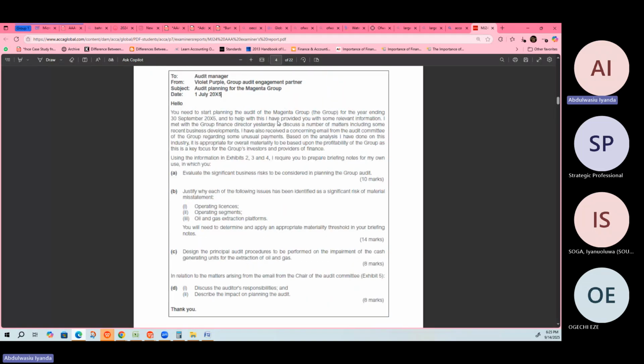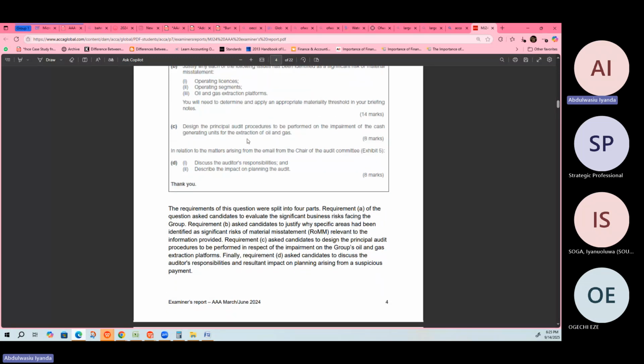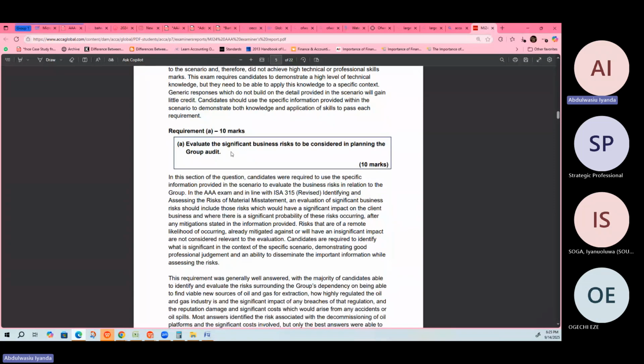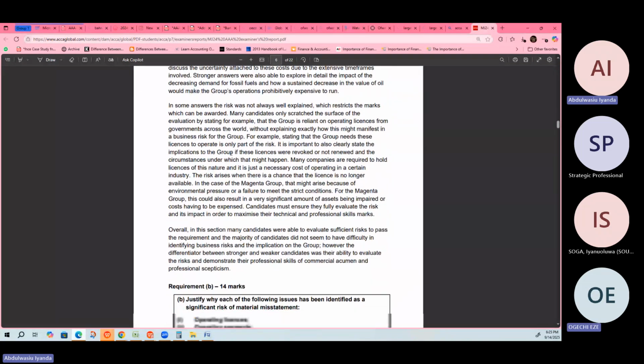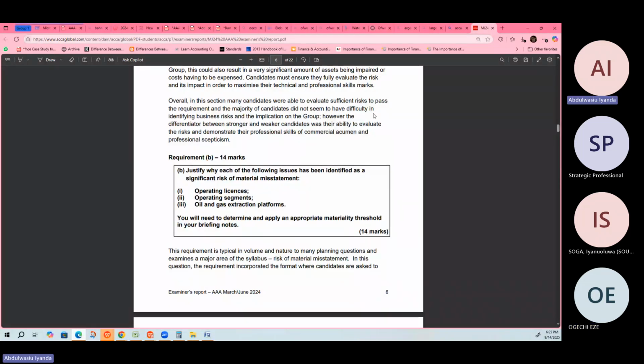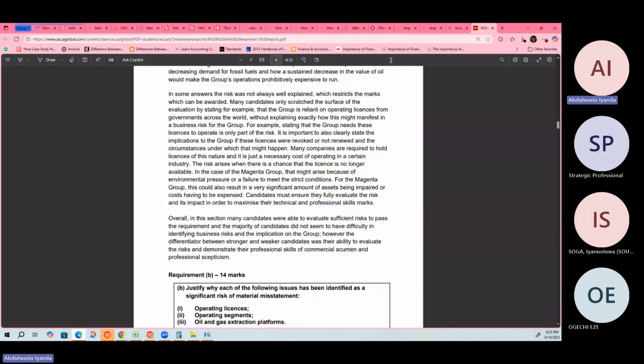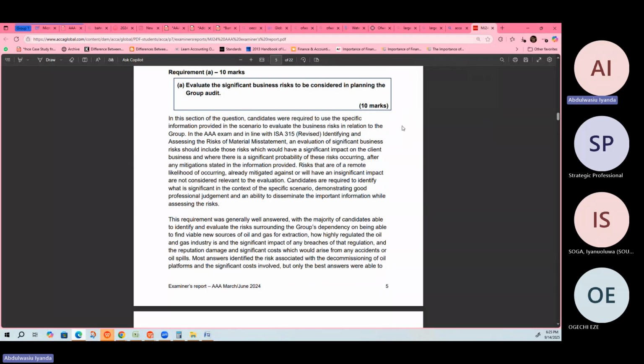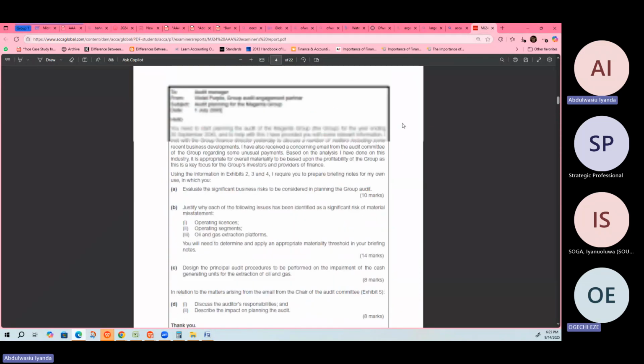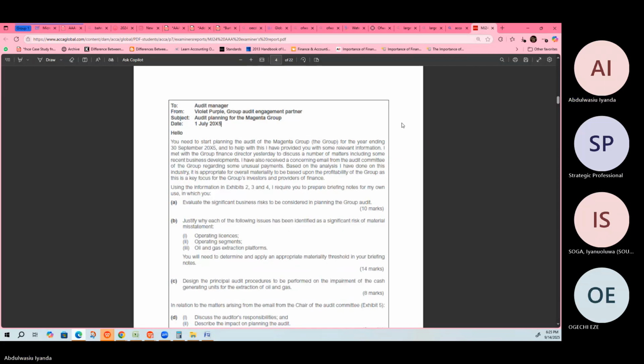This is how number one looks like. You'll be given the requirement, then there will be an exhibit relating to it. It's usually the planning, and that's syllabus section D. It covers the work in chapter 1. So that's where chapter 1 comes from.